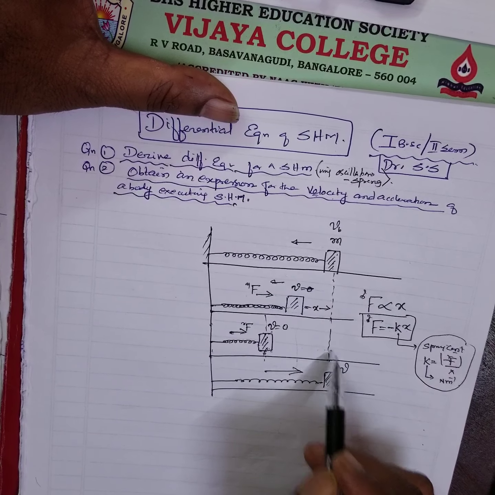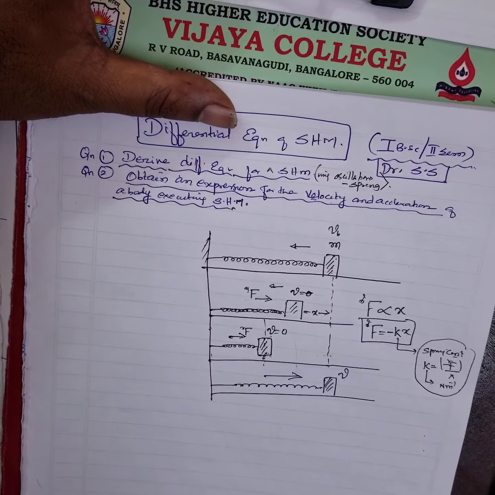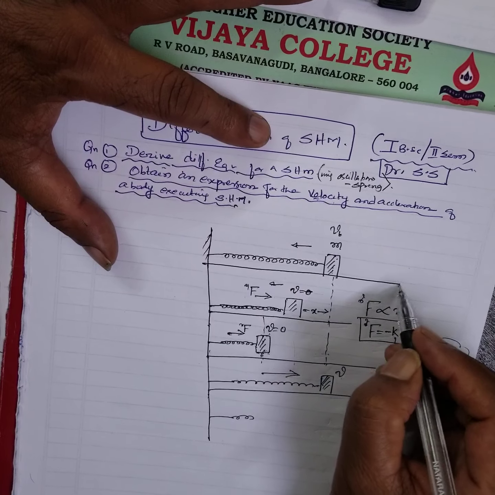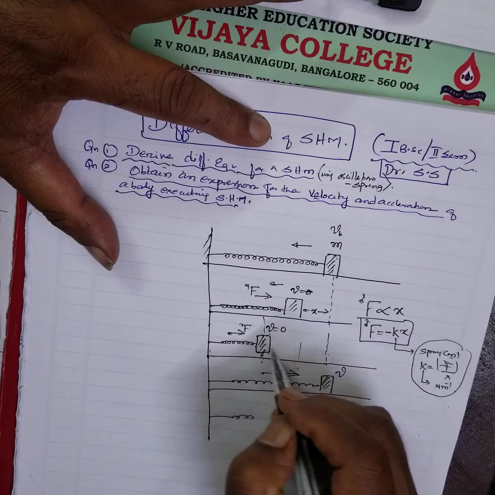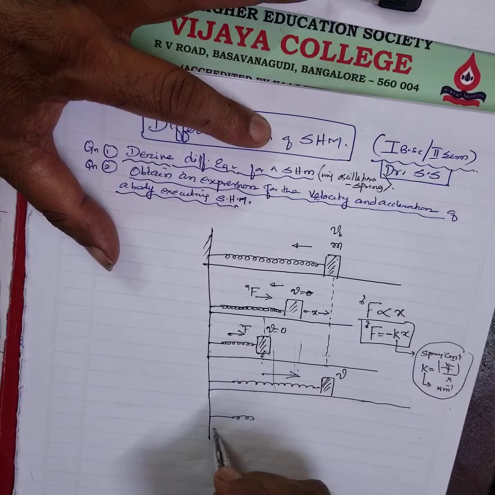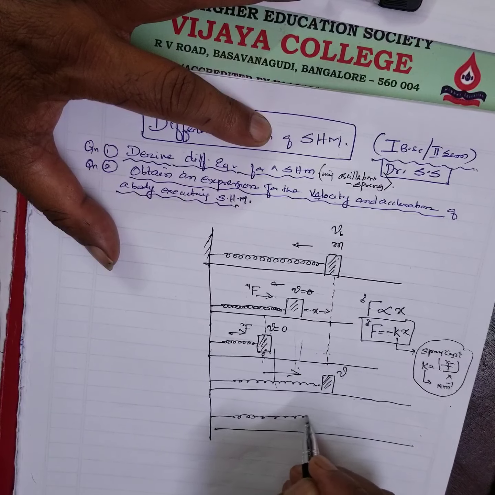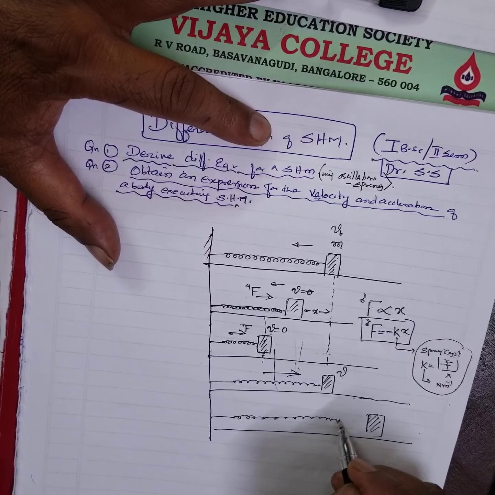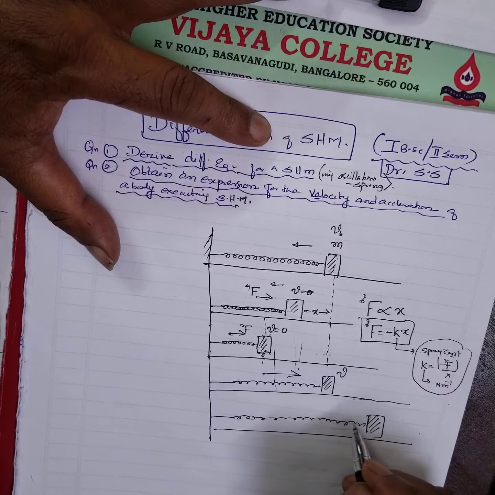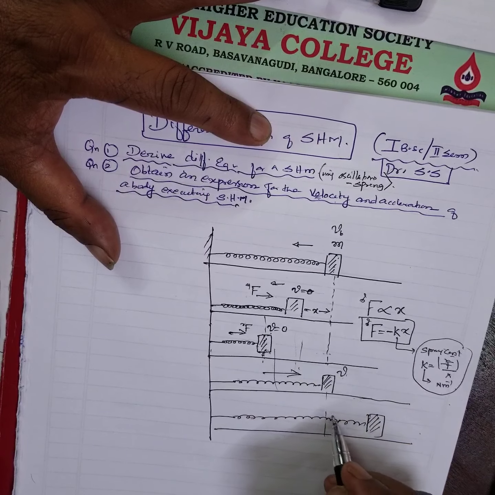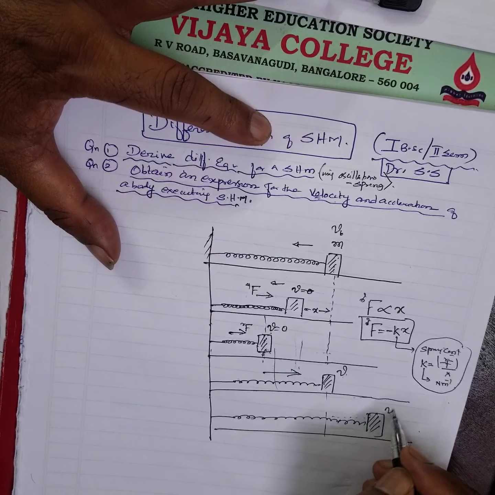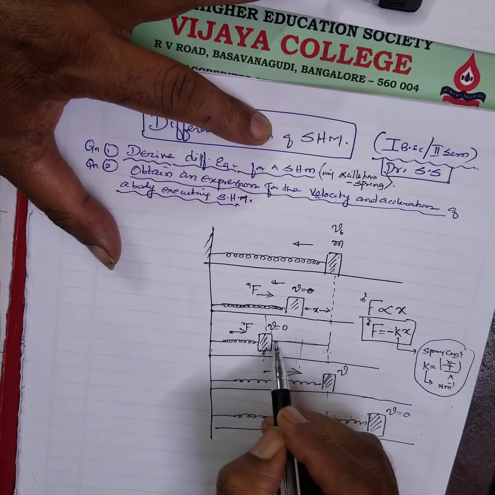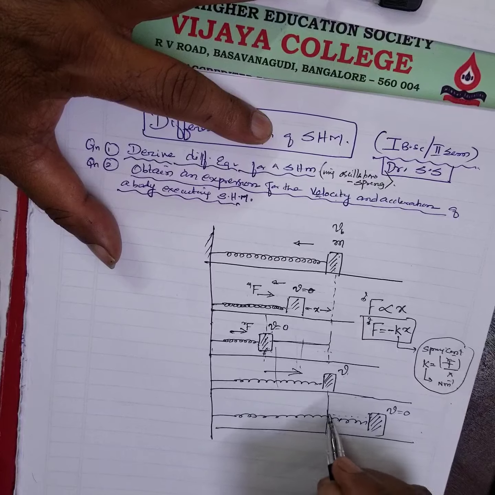It becomes maximum here. Due to inertia, it will come here, then the velocity gradually decreases and becomes 0.